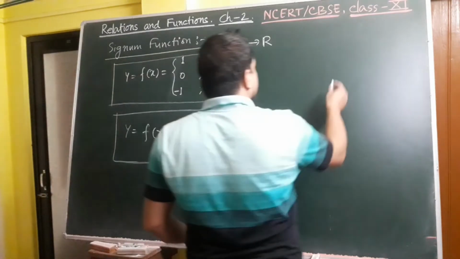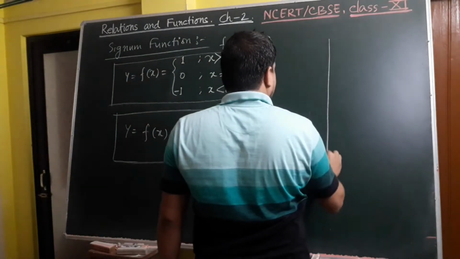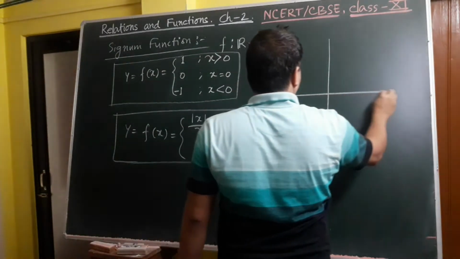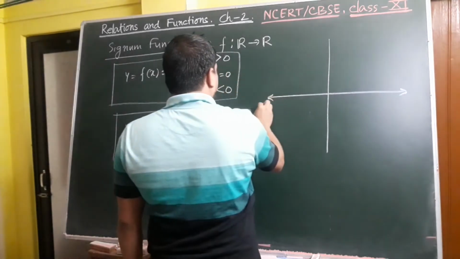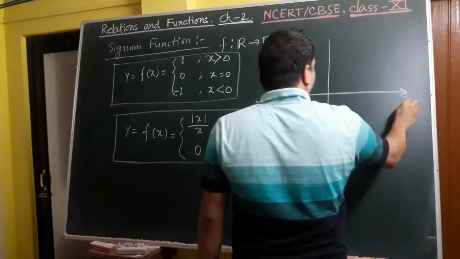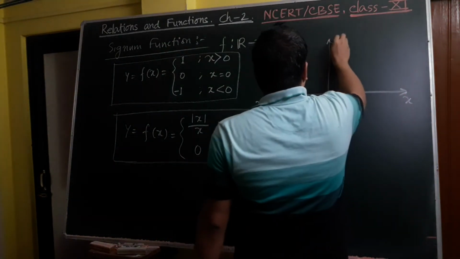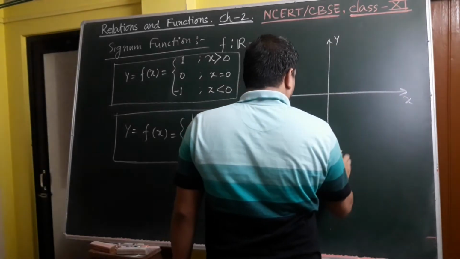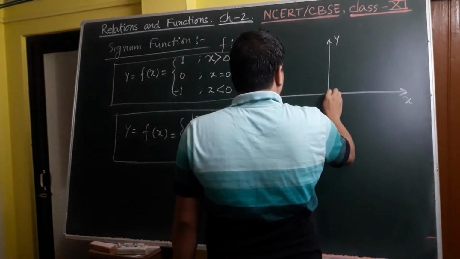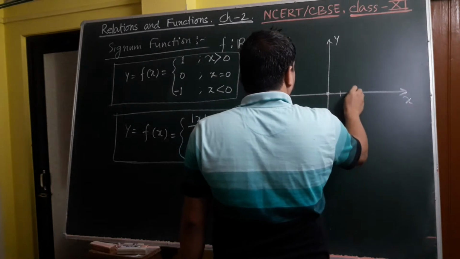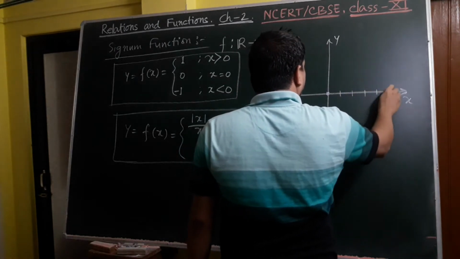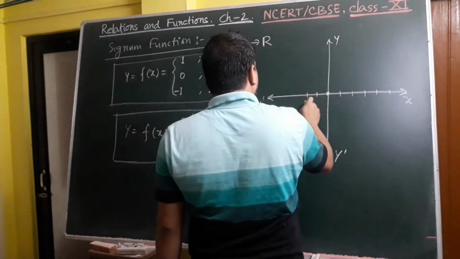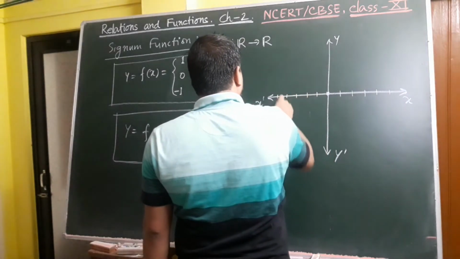Okay, now if you want to draw, this is pretty simple and straightforward. How do you draw this? I draw it like this: 0, 1, 2, 3, 4, 5, minus 1, minus 2, minus 3, minus 4, minus 5.